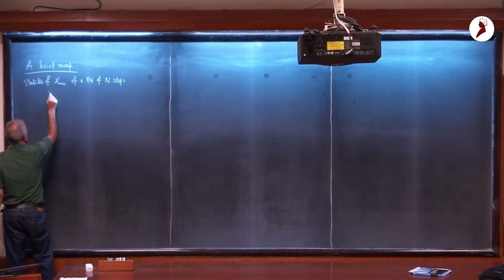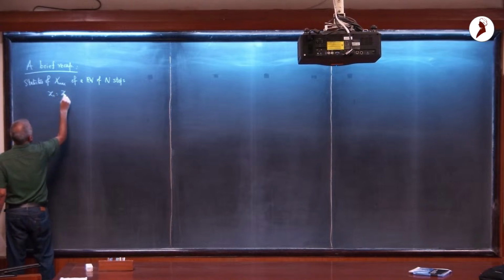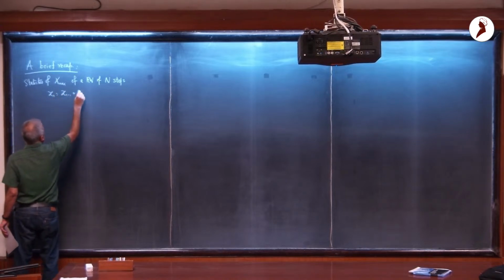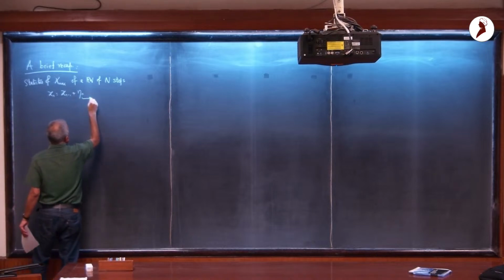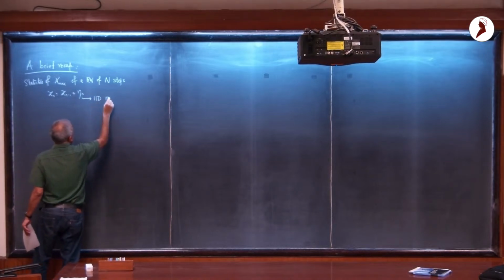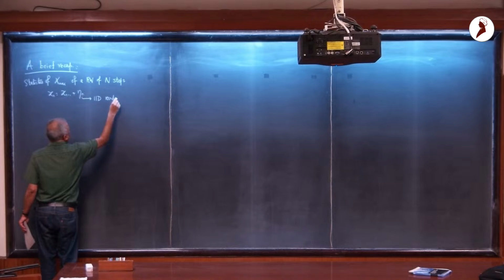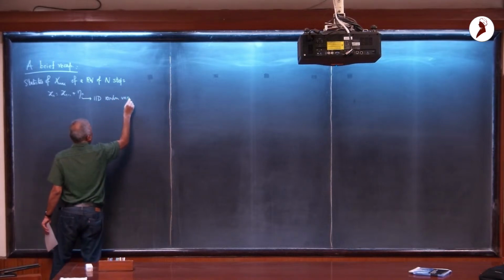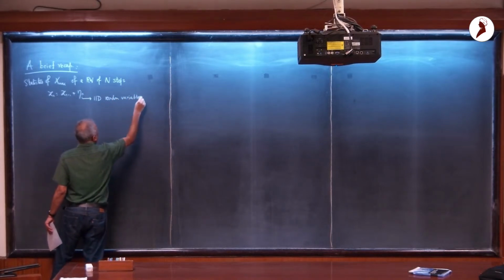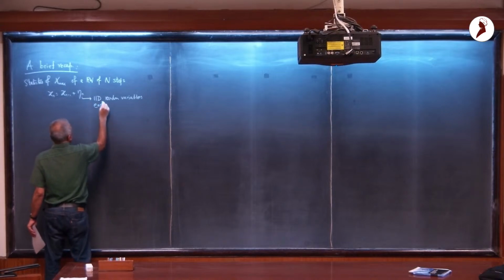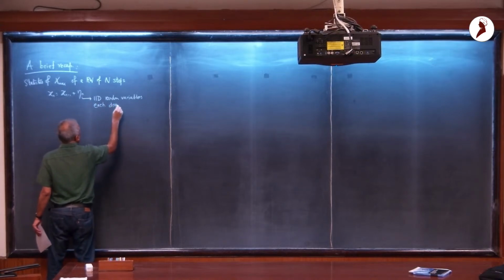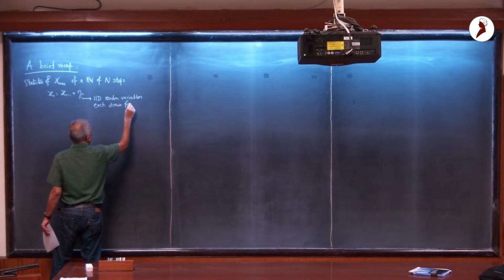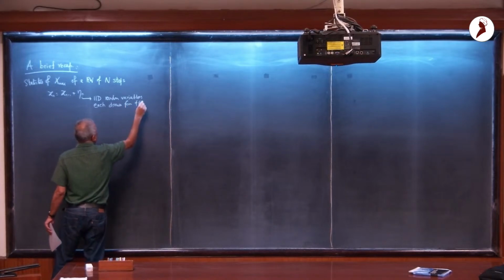where the position of the walker, remember, was evolving by this Markov jump process, where these are IID random variables, each drawn from f of eta.